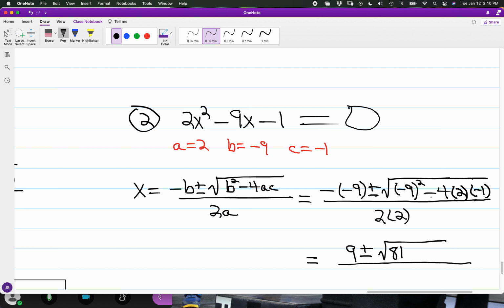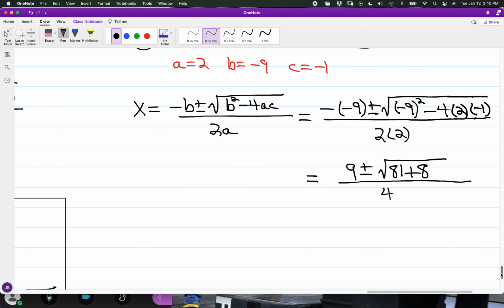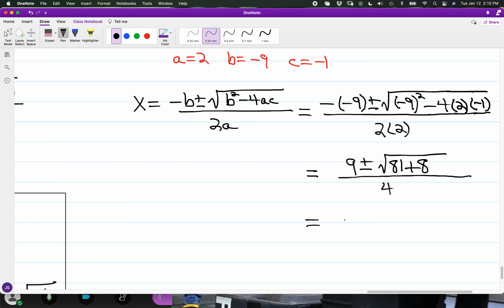Negative 4 times 2 is negative 8, and then negative 8 times negative 1 is a positive 8. And so we have 9 plus or minus the square root of 89, all over 4.